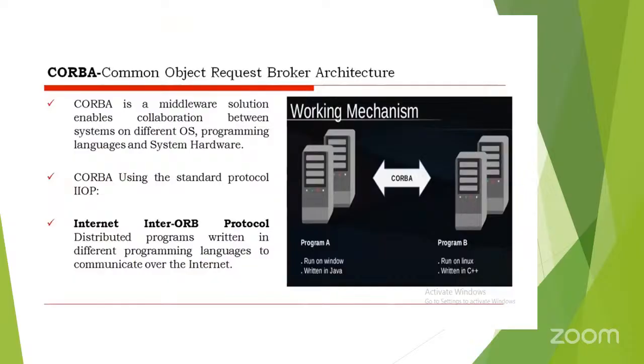By using this protocol, the Internet Inter-ORB Protocol, information is exchanged between distributed programs written in different languages. The first is written in Java and the other side in C++. Between these types of distributed systems, information can be exchanged by using CORBA, that is, using a standard protocol called IIOP. Right?